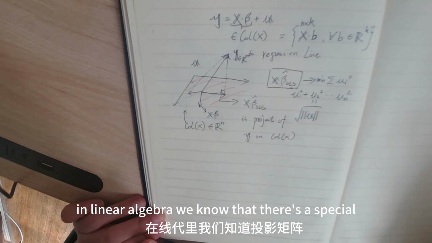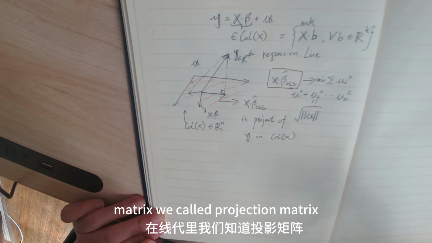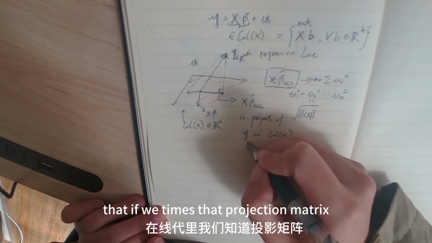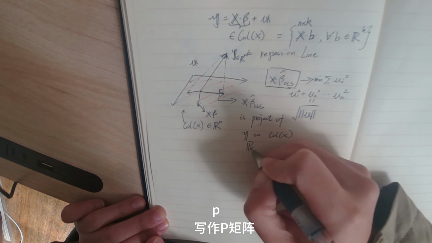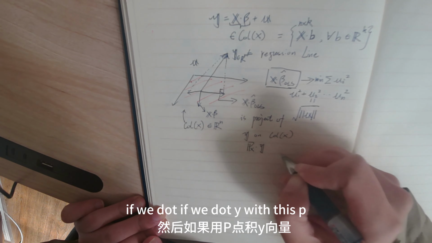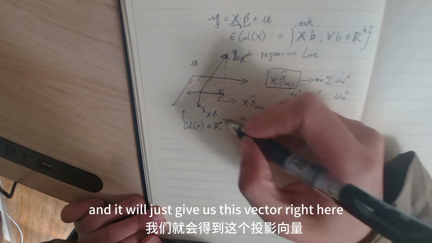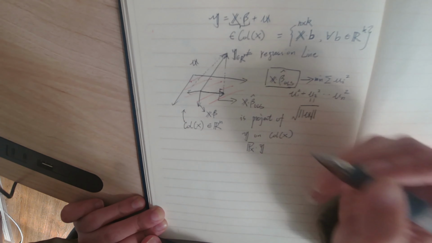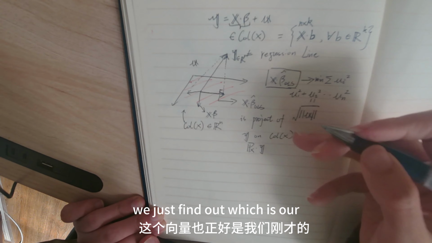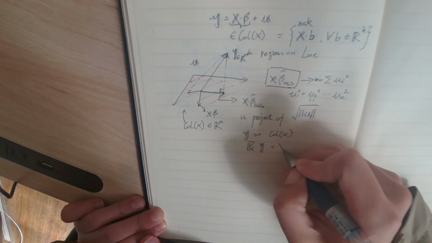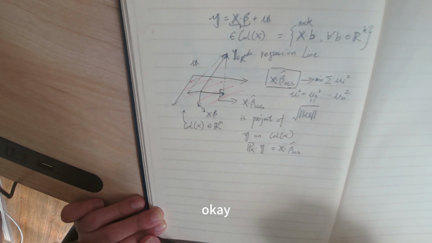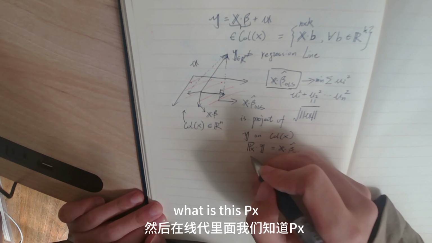And in linear algebra, we know that there is a special matrix we call the projection matrix. If we multiply y by this projection matrix, let's say it's P, it will just give us this vector right here. And this vector is exactly the vector we just found, which is our X dot OLS beta. And what is this P?